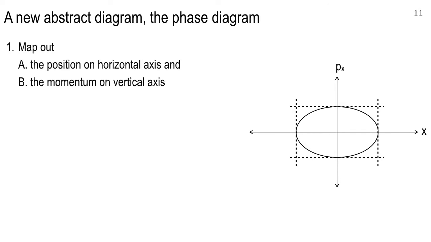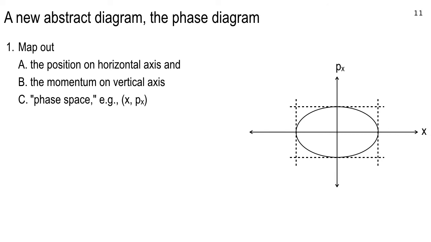Now, the phase diagram is a way of mapping out the position on the horizontal axis and then the corresponding momentum on the vertical axis. That's called phase space. It's not an XY graph paper space where you can actually make a map or a diagram of something.